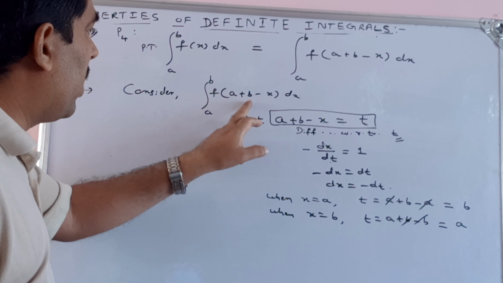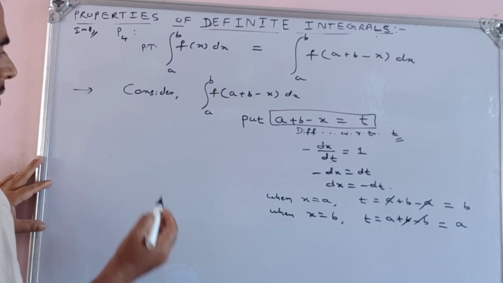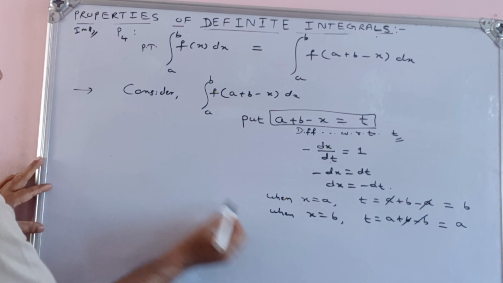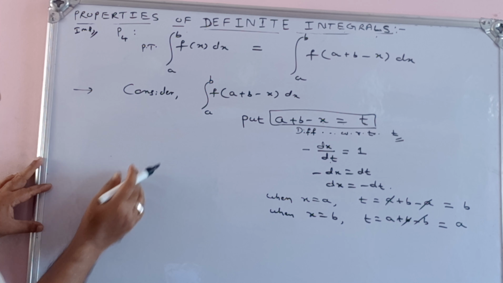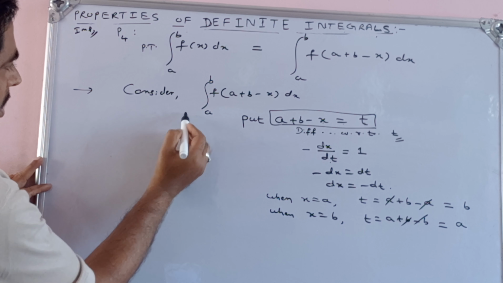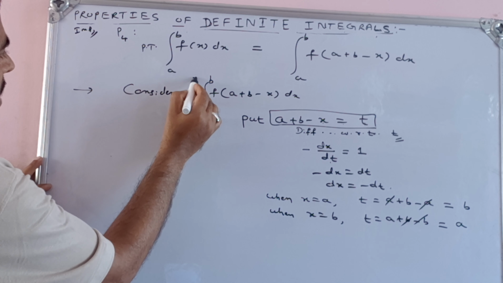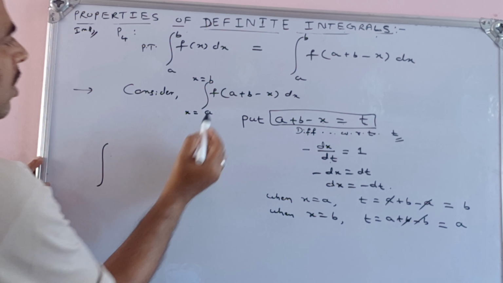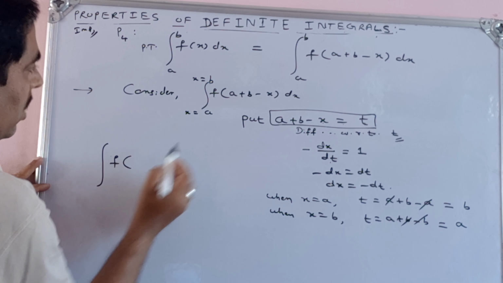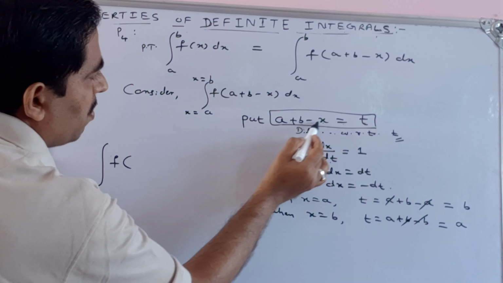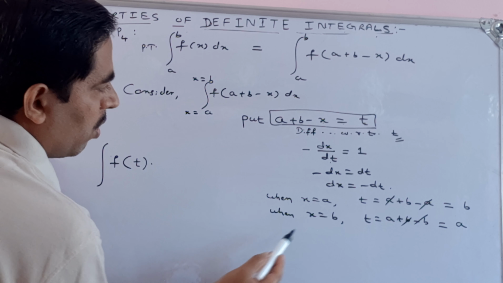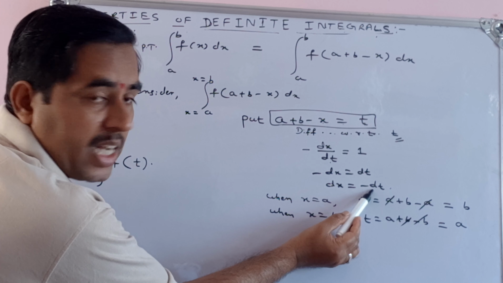So our integral becomes the integral from x equal to a to x equal to b of f of a plus b minus x, which means t, into dx. What is dx? dx is minus dt.